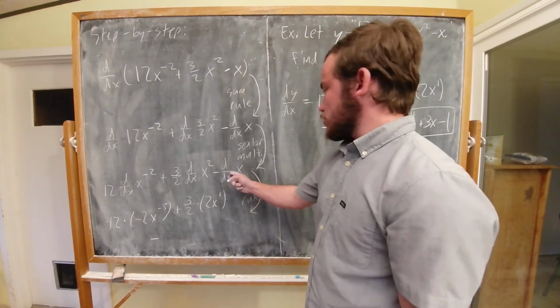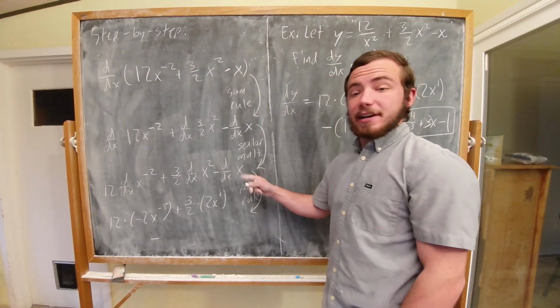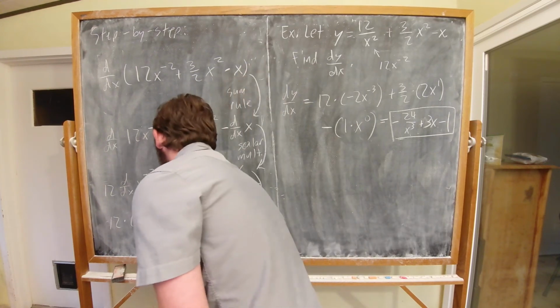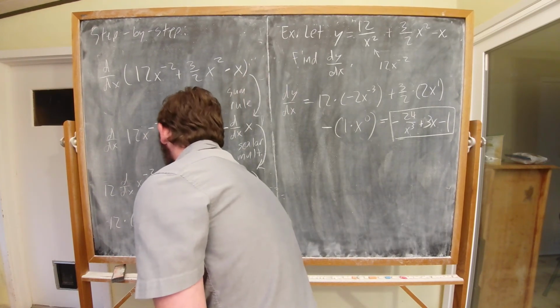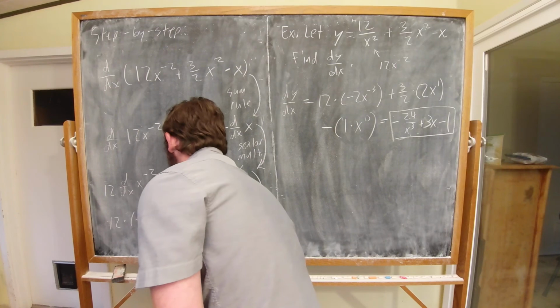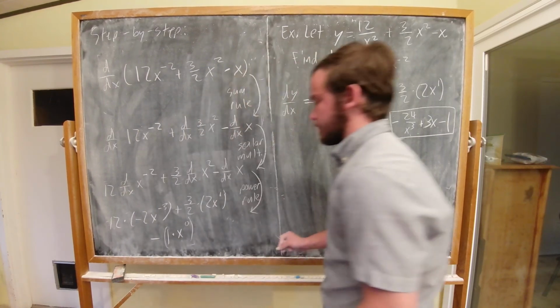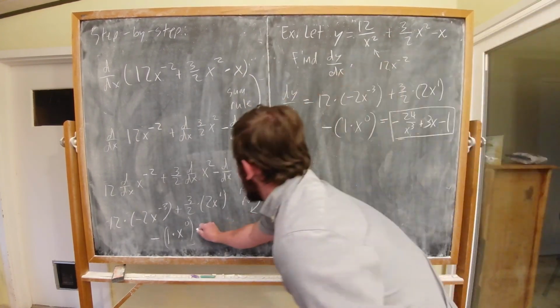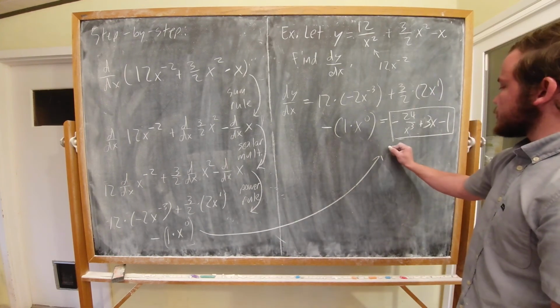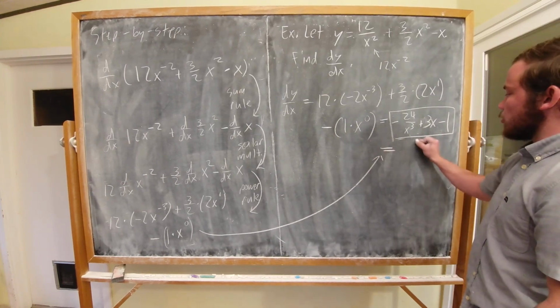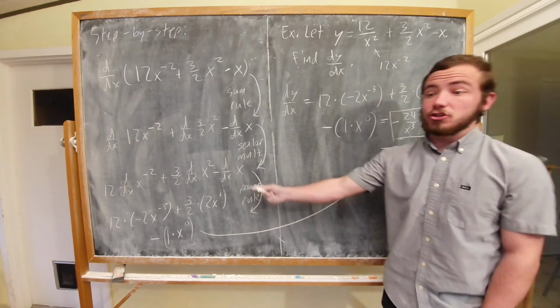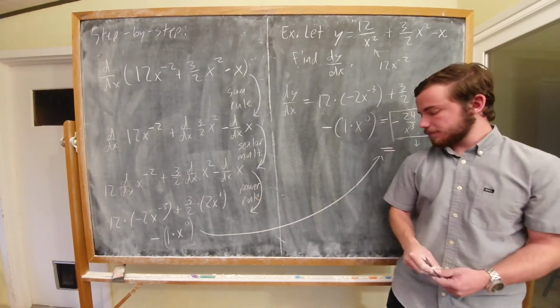Minus the derivative with respect to x of x, just 1. Again, you can think of it as 1 times x to the 0. Which is precisely equal to this thing, using just algebraic manipulation.